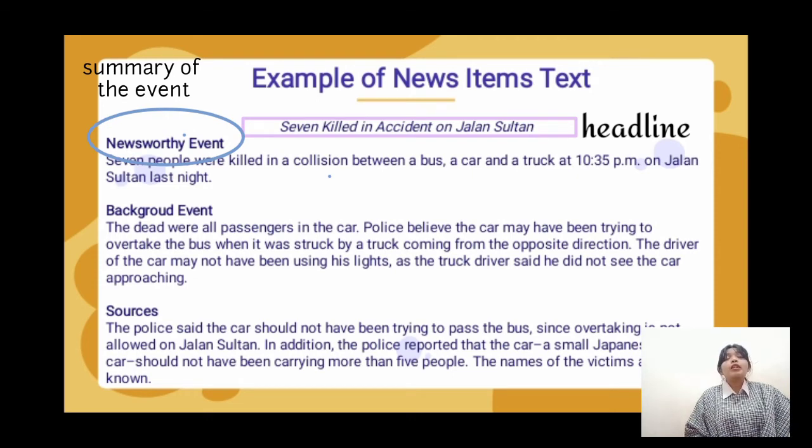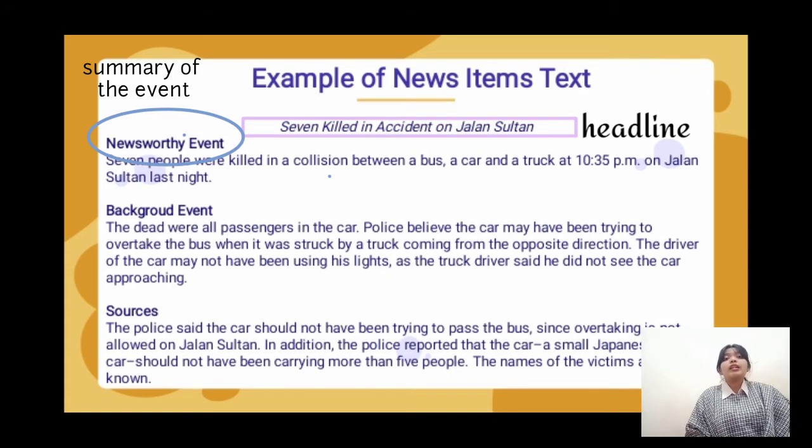So it is a newsworthy event because it is a summary, or it recounts the event in summary form. And then the next is: the dead were all passengers in the car. Police believe the car may have been trying to overtake the bus when it was struck by a truck coming from the opposite direction. The driver of the car may not have been using his lights, as the truck driver said he did not see the car approaching.